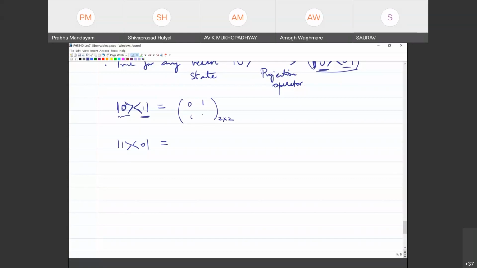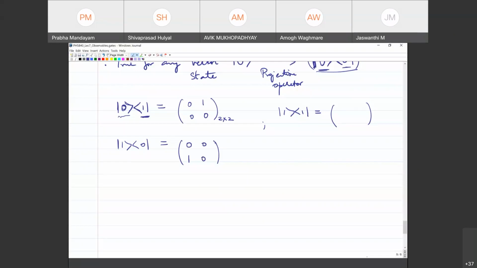What is the 2 by 2 matrix for ket 1 bra 0? Yes, what is |1><0|? 0 0 1 0. Good.